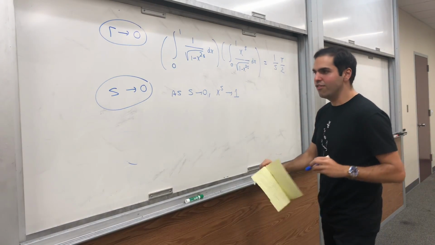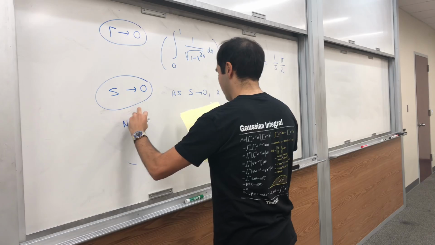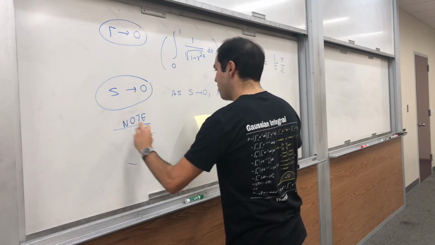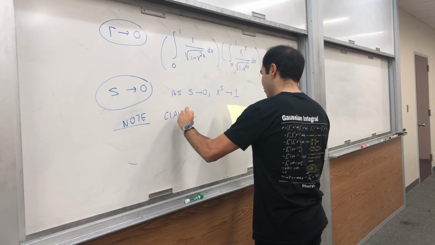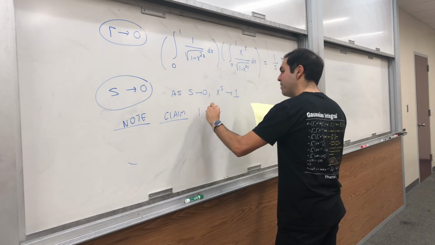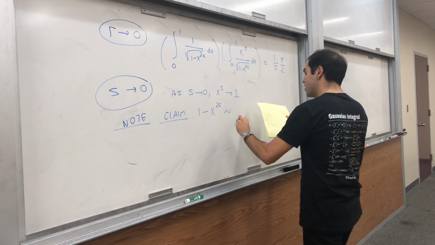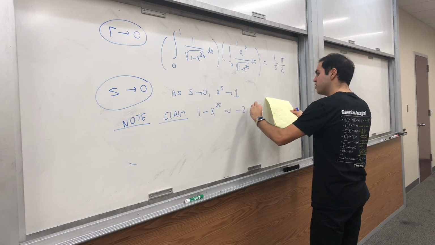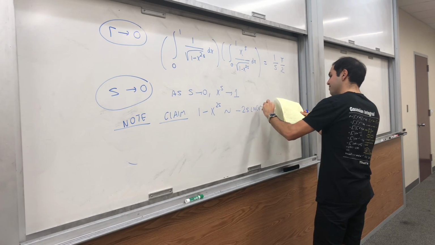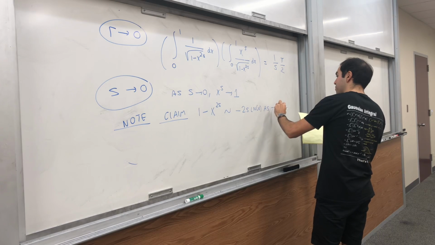And now notice the following. I'm claiming that 1 minus x to the 2s is actually equivalent to minus 2s ln of x as s goes to 0.